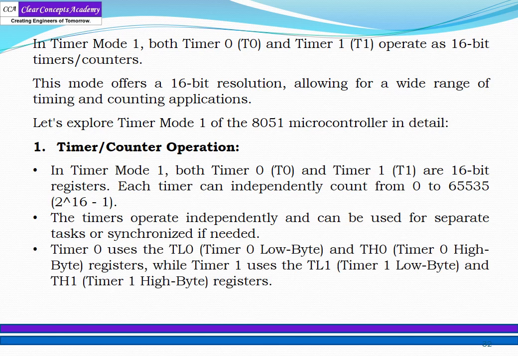Timer 0 uses TL0, the timer 0 low byte, and TH0, the timer 0 high byte registers, while timer 1 uses TL1, the timer 1 low byte, and TH1, the timer 1 high byte registers, to store 16-bit data.